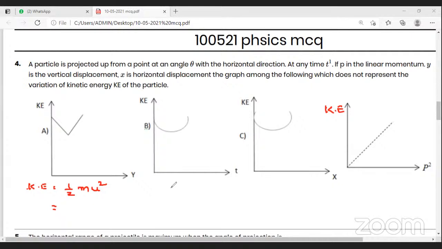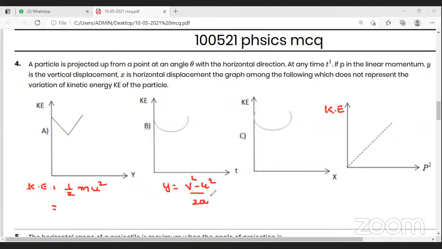What equation can you write for y? You can write y equals v square minus u square by 2a.